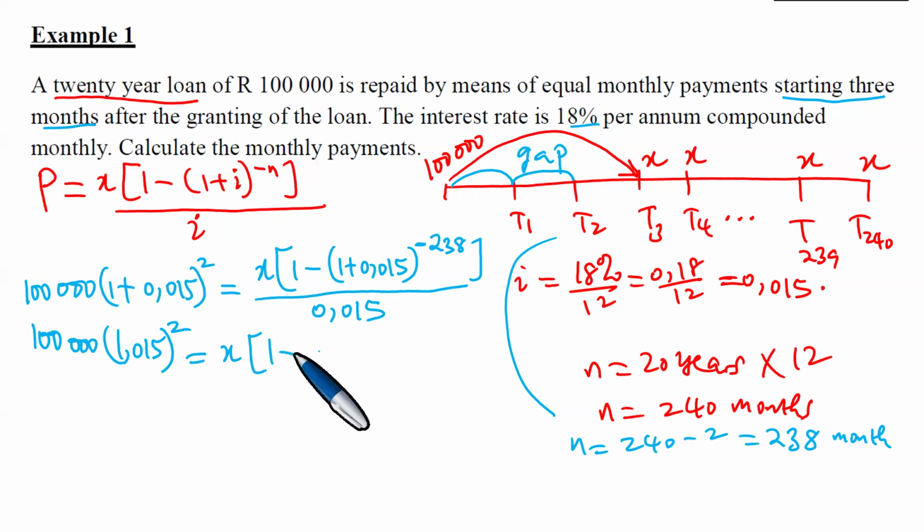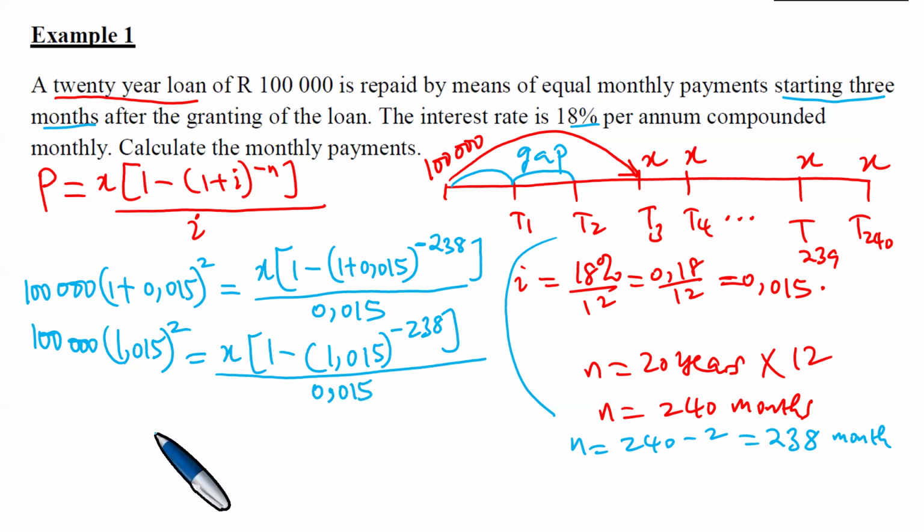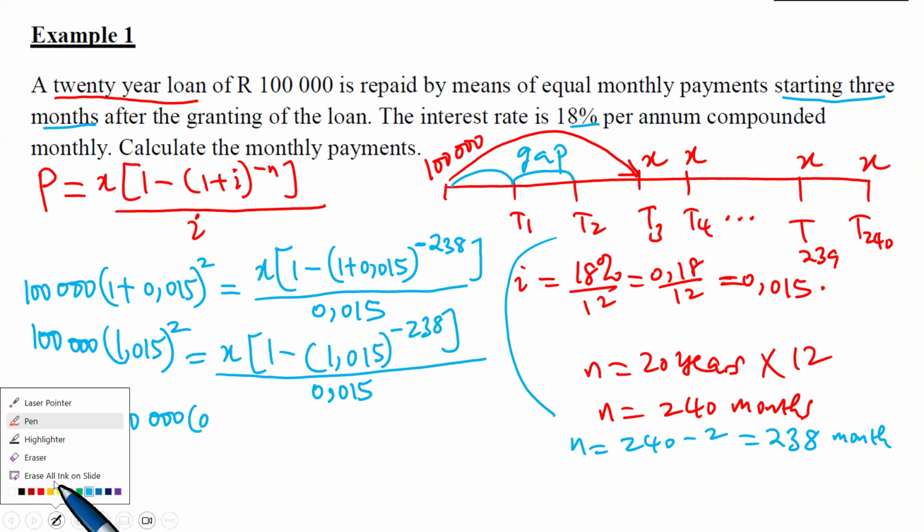Then you have 1 minus 1.015 to the power minus 238, and you divide by 0.015. So x equals 100,000 times 1.015, cross multiply.